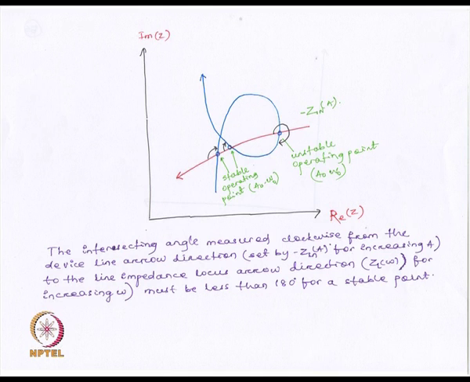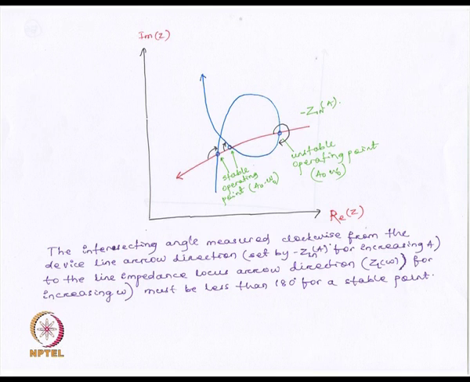What it means graphically is that, suppose with increasing A the red curve is moving like this, and with increasing omega the blue curve moves like this, then the angle between the tangents to the two curves at the point of intersection, suppose I draw a tangent here and a tangent to this blue line, the angle between the two will determine whether the oscillation is stable or not.